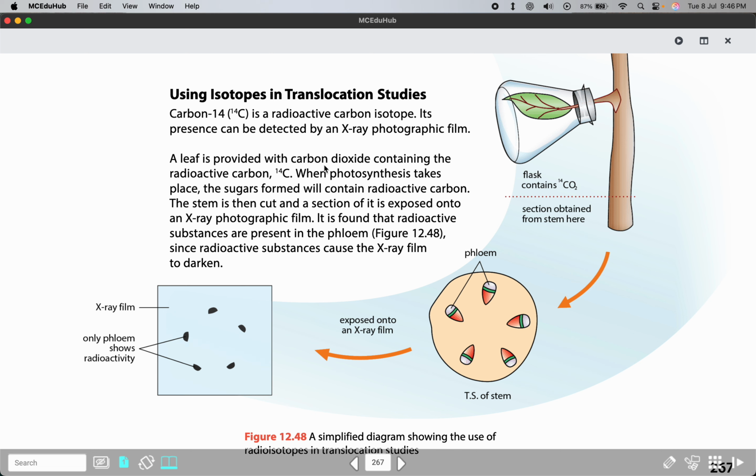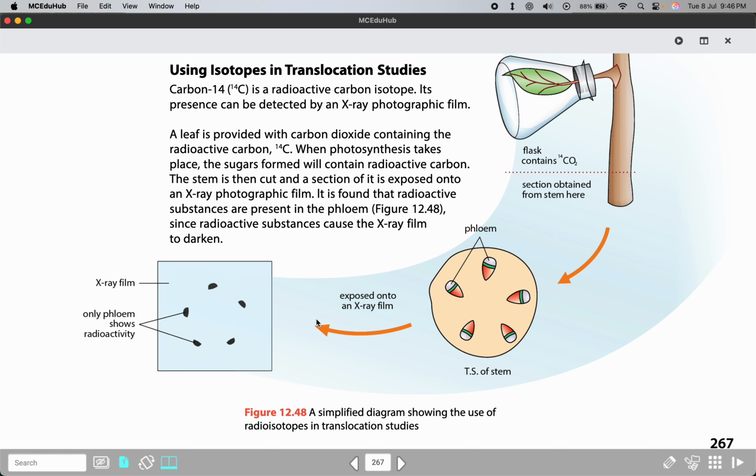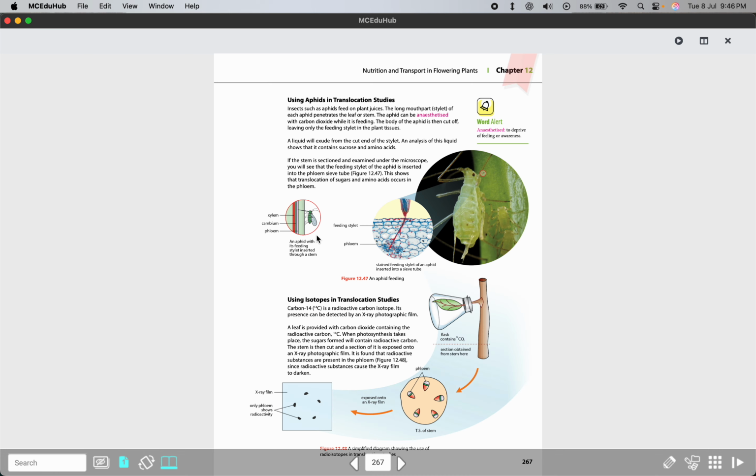All right, so the sugars that form will contain this radioactive carbon, and then you can cut the stem and expose it to an X-ray photographic film. What you can see is that it is the phloem, the outer ring, which will show up on the X-ray film, and the xylem will not show up on the X-ray film. Okay, so these are the 3 tests to prove that translocation occurs in the phloem.